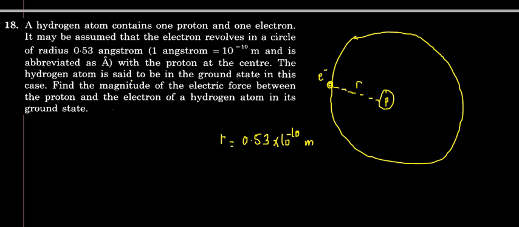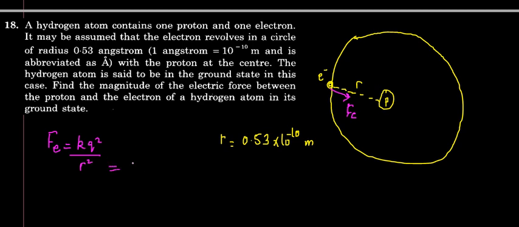The hydrogen atom is said to be in the ground state in this case. So what we have to find is the magnitude of the electrical force between the proton and the electron of the hydrogen atom. This proton is going to attract the electron with an electrostatic force. We can calculate that force by simply using Coulomb's law, Q squared divided by r squared, because the charge is similar on both.